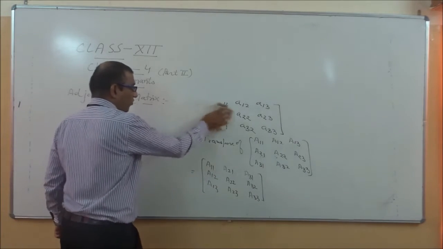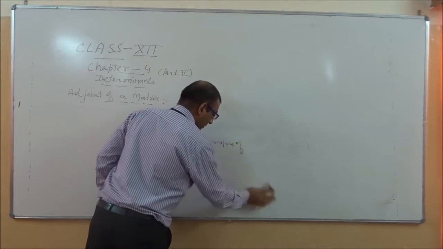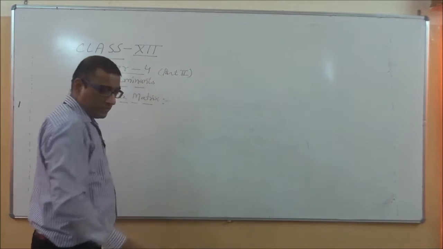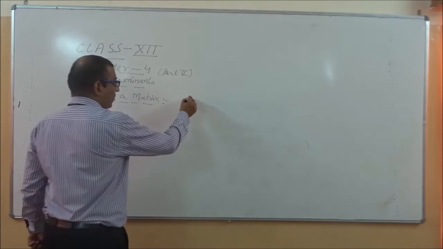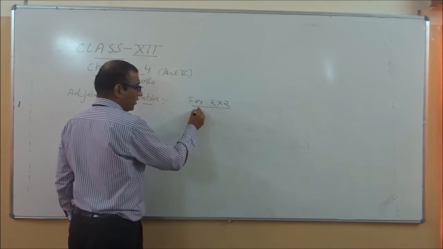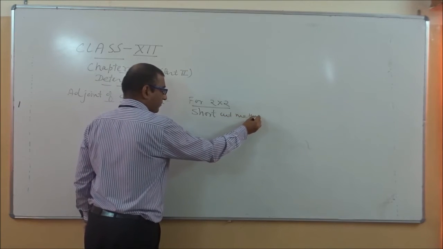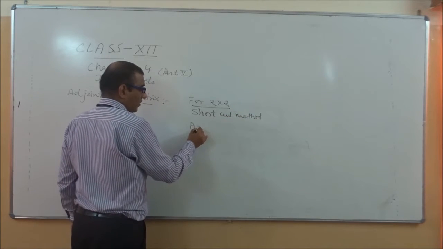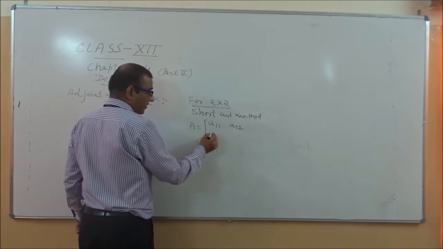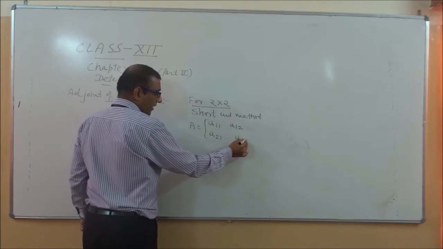If we want to go with 2 into 2, the same method we will apply, but one shortcut is also given in our NCERT book. For 2 into 2, if we want to go with the shortcut method, for example a 2 into 2 matrix can be written as A11, A12, A21, A22.